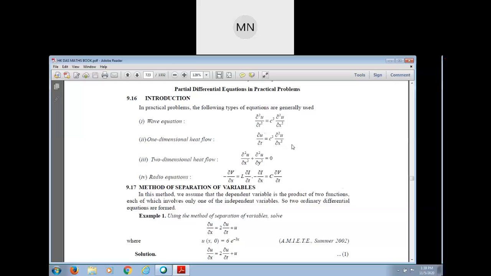This type of equation can be solved with the help of separation of variables.